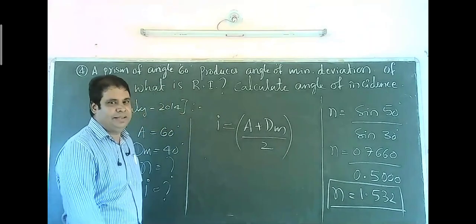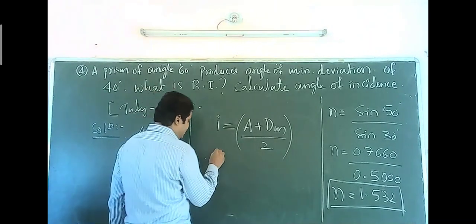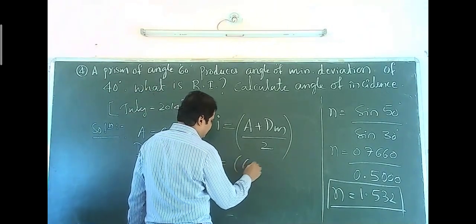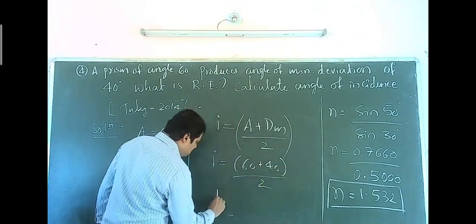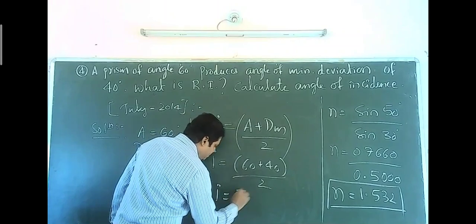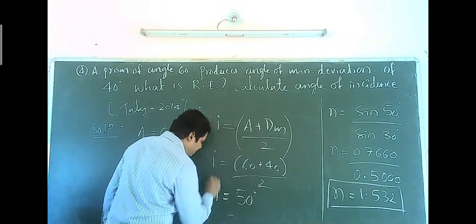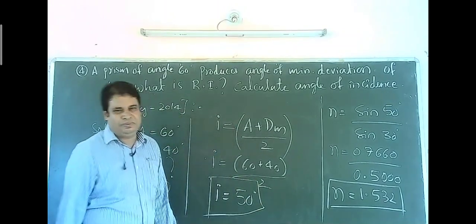Let us use this, you will get the required answer. This is 60, this is 40, divided by 2. So your i will be 100 by 2, that is 50 degrees. This is the required answer. Very simple.